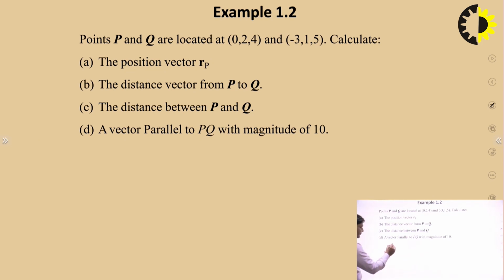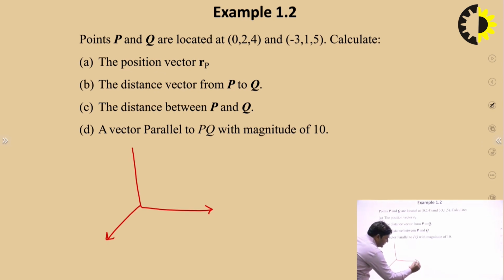What is the meaning of this? Suppose we draw a Cartesian coordinate system: this is direction x, this is direction y, and this is direction z. The unit vector in the x direction is ax, in the y direction ay, and in the z direction az.